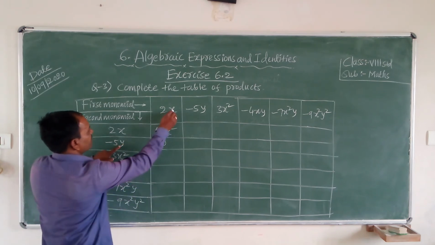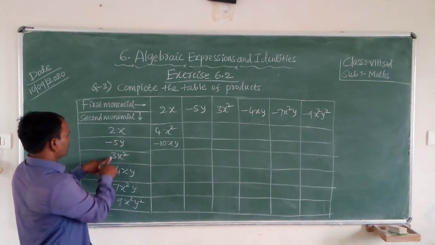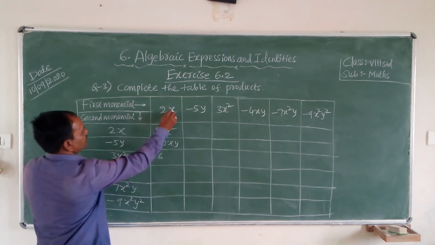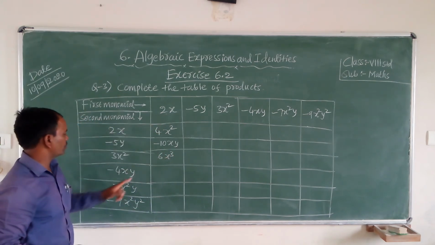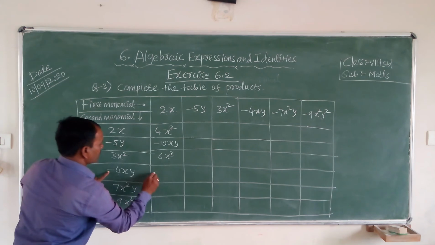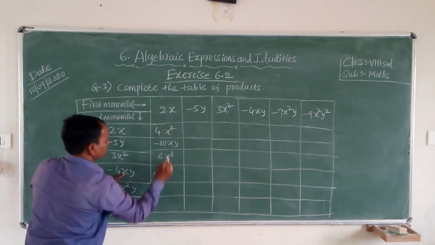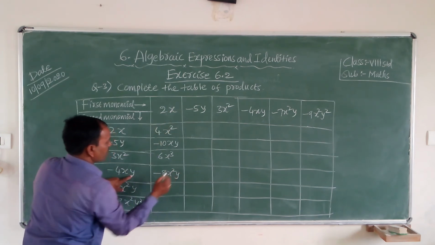So y is there, here x is there, x into y, xy. So now plus into plus, plus 3 2s are 6. X square into x, x cube. Minus into plus, minus 4 2s are 8. X into x, x square. So here y is there, we have to write y.